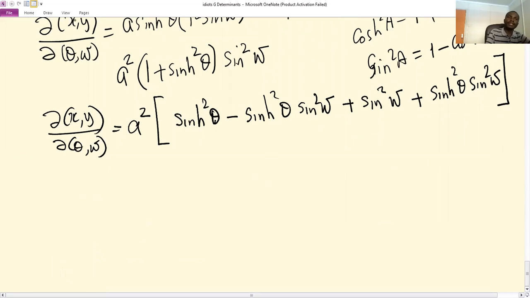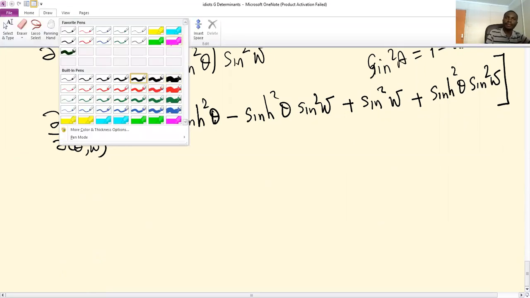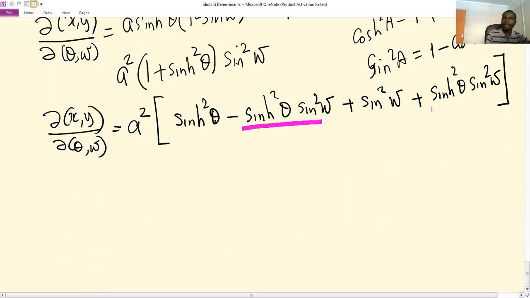Now, let's see, this term here and this term here are the same, but of different signs. So therefore, this and this cancel out.